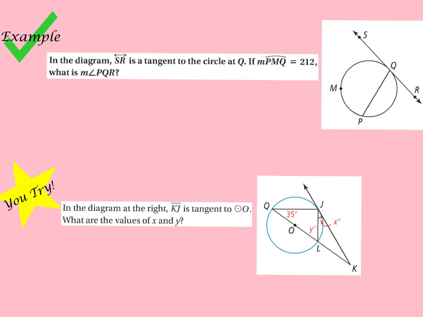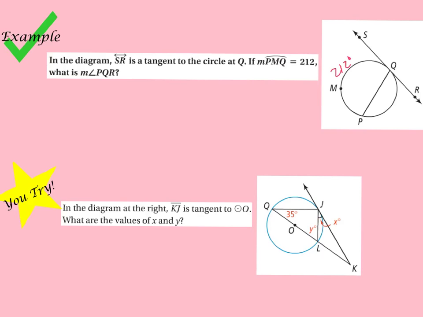So let's see what this actually looks like. In the diagram, SR is tangent to the circle. If the measure of arc PMQ is 212, so let me write that into the picture, 212 degrees, then what is angle PQR?